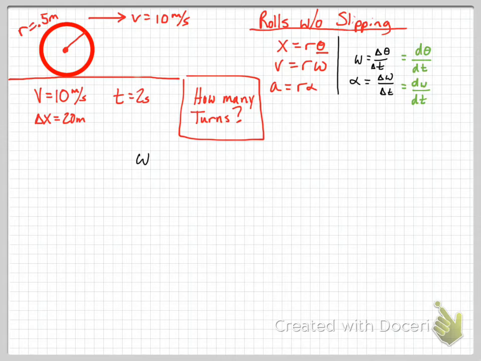So to start figuring out how many turns, we have to take what we're given linearly and what we calculated as our linear displacement and be able to turn it into rotational or angular quantities. At that point, we take our givens and recognize we can use angular velocity is equal to the linear velocity divided by the radius, and we take 10 meters per second divided by 0.5 meters, and we get 20 some distance over seconds.